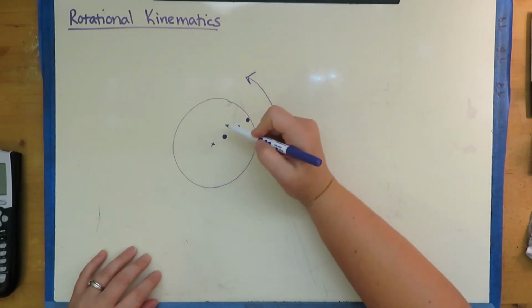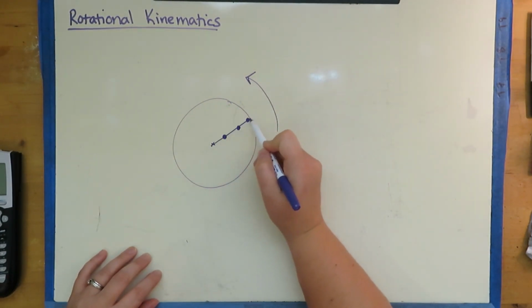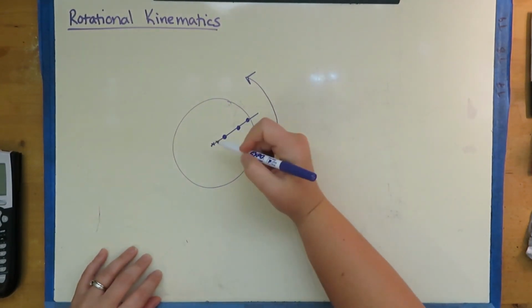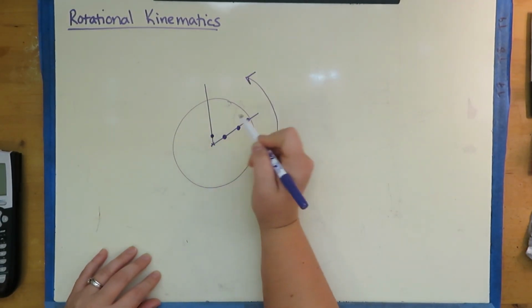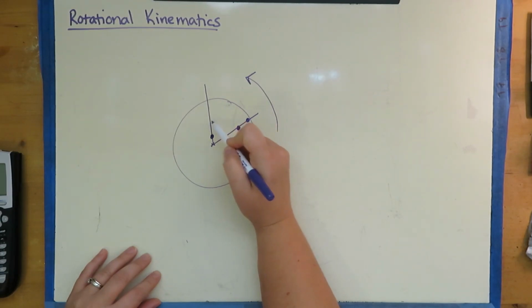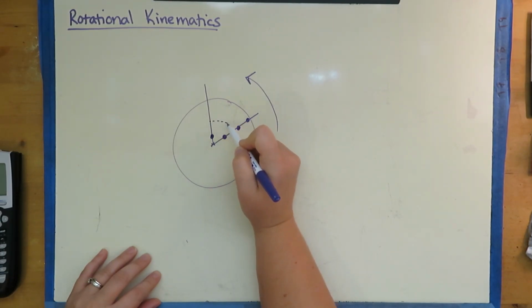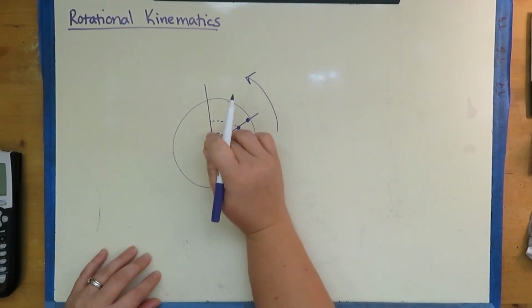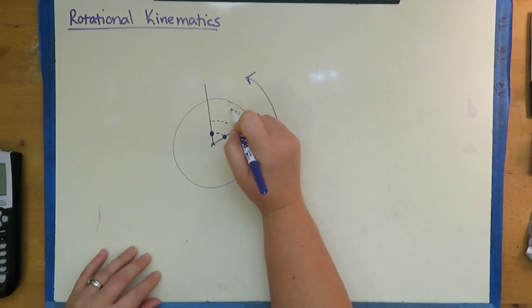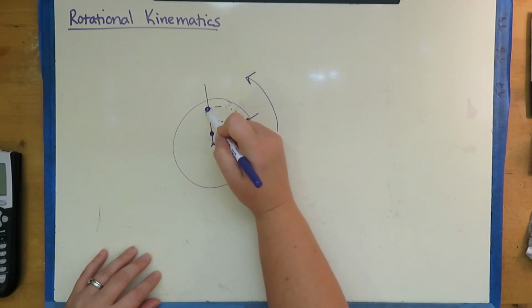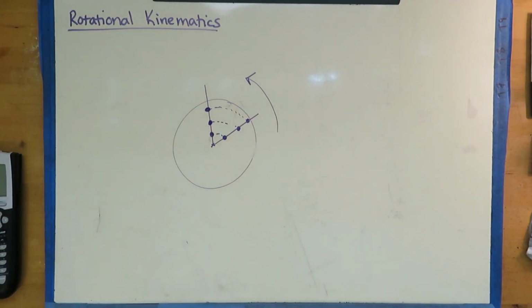So if I take a look, this is the starting position, and at some point in time later, they're going to be over here, having traveled through a circular arc. They will all travel through some circular arc to their new positions.